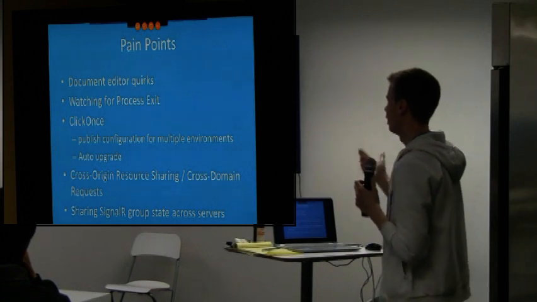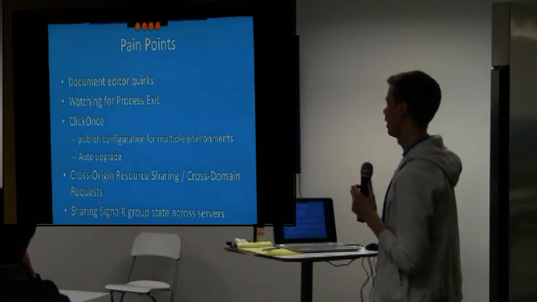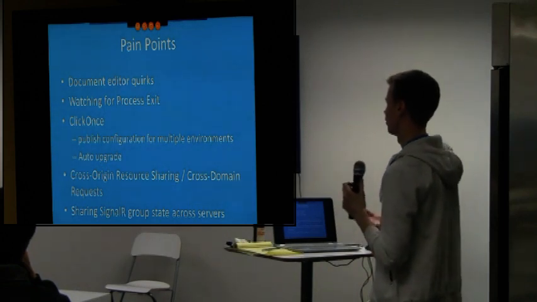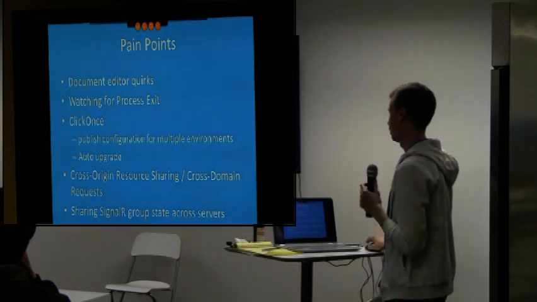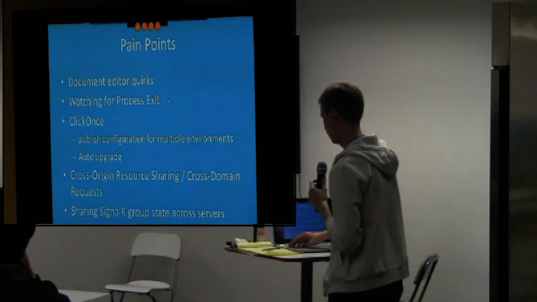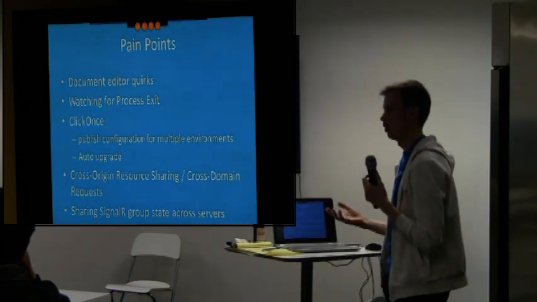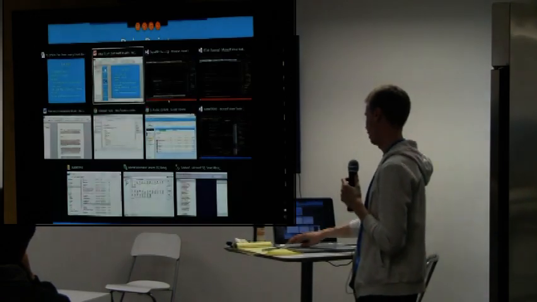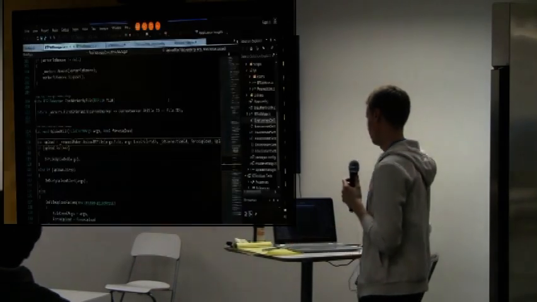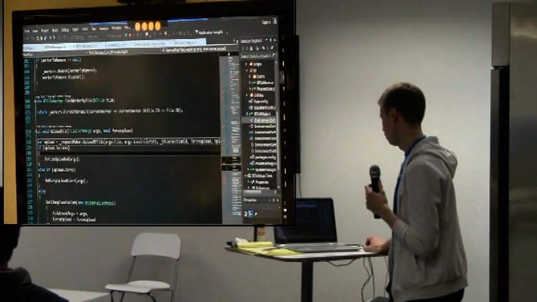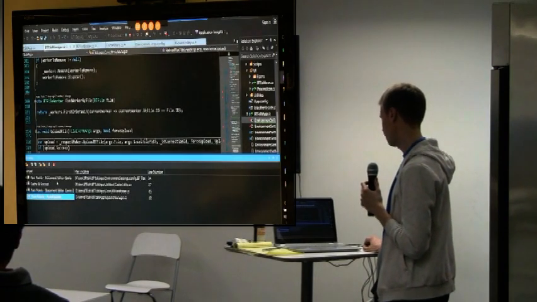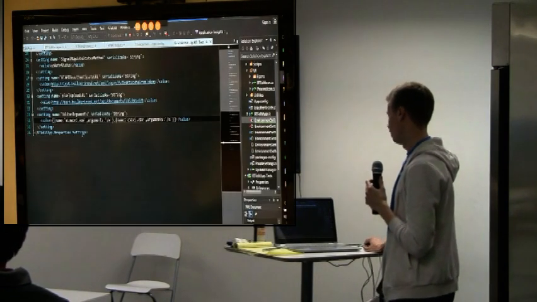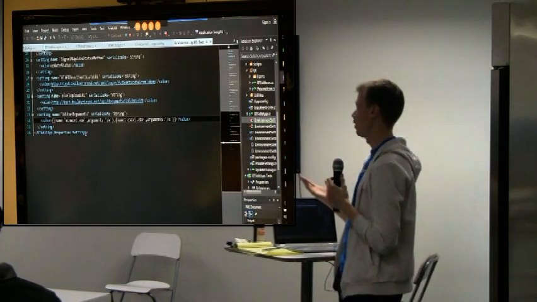So a few of the pain points that we've gone through in this development process, I've talked about some of these. Document editor quirks, like what happens when you don't have a mapped extension type, or the different arguments you need for each editor.